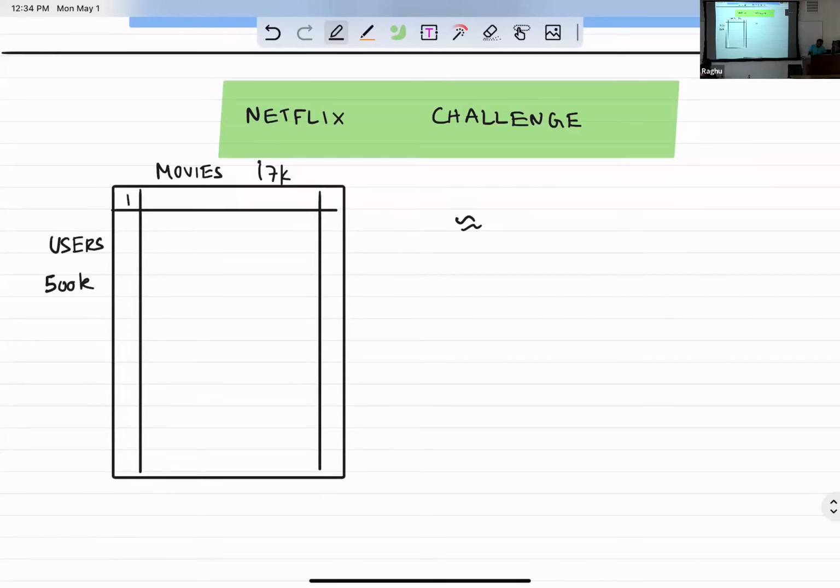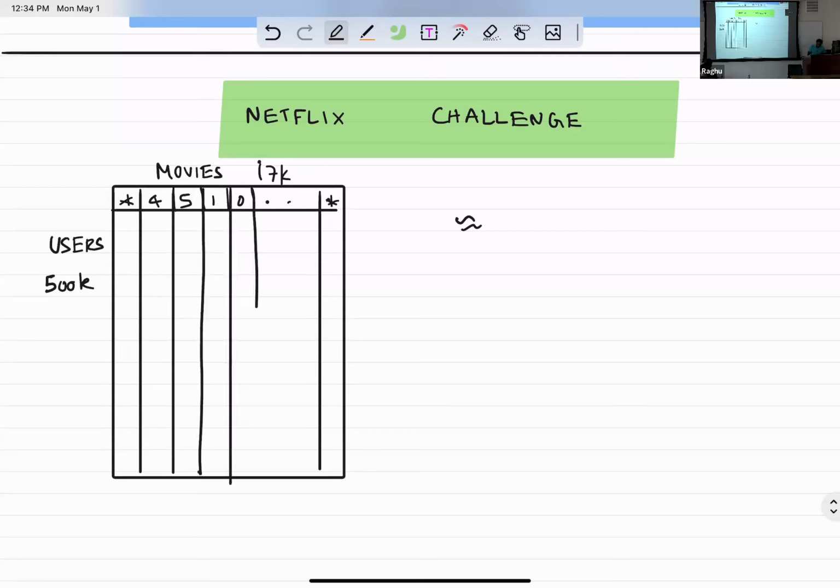So maybe some movie I rated 5, something else I rate 1, something else I rate 0, and so on. The stars are meant to signify missing entries. I haven't given a rating for that movie, and their goal is to figure out what my potential rating would be for the missing entries, because they want to use that for recommendations. If they could guess what the missing star entries are, then they can suggest these are the top movies based on your preferences. These are the ones that you might like. Go check them out.